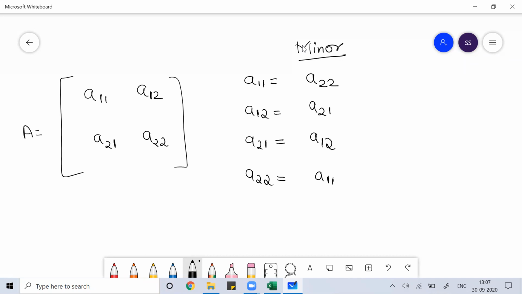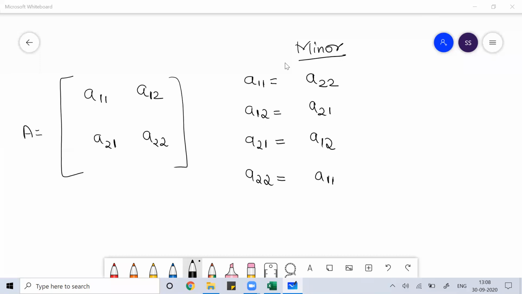First I'm doing a 2 by 2 matrix to make you understand the concept of minor. Everyone understood this, right?